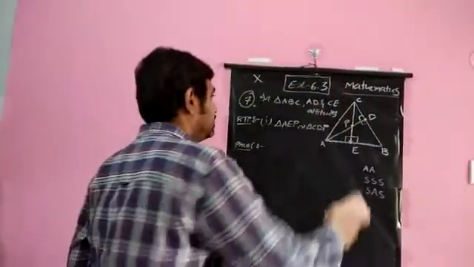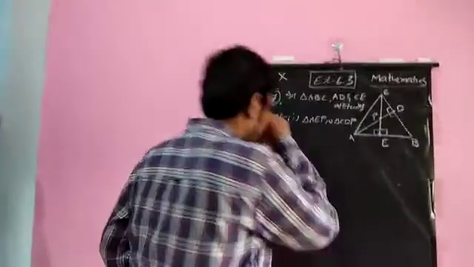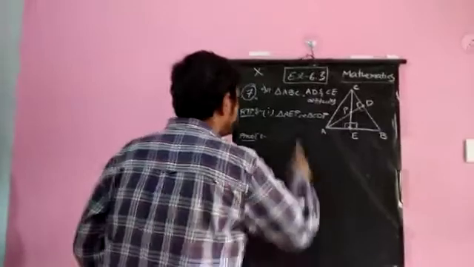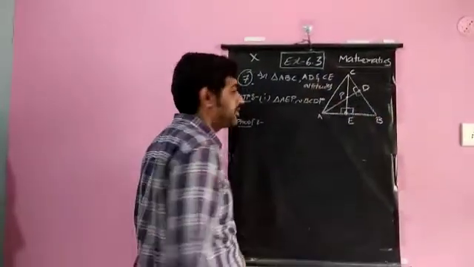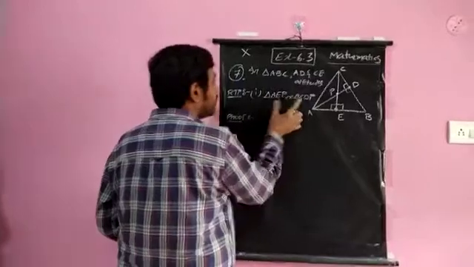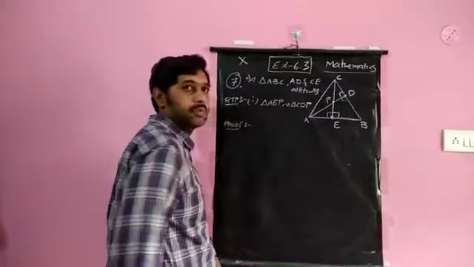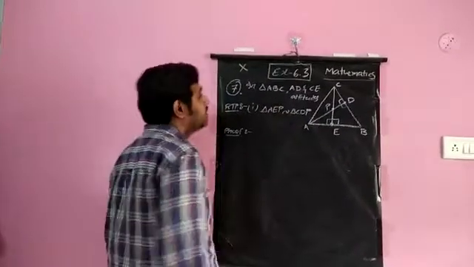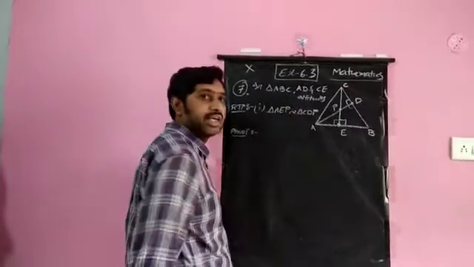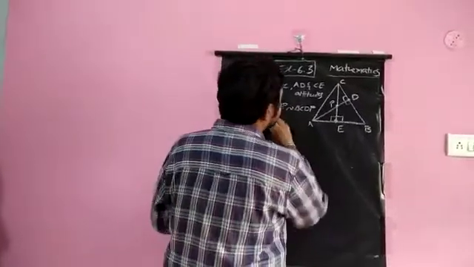For our convenience, let us draw these two triangles. We have many triangles in this given figure, but we need to focus on only these two, because we need to prove that these two triangles are similar.